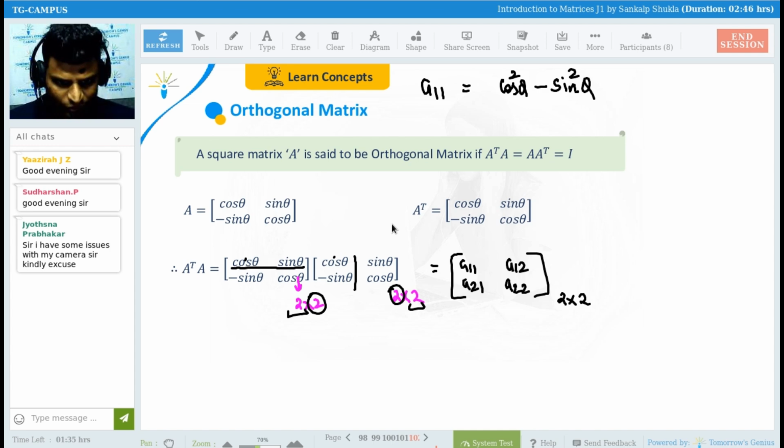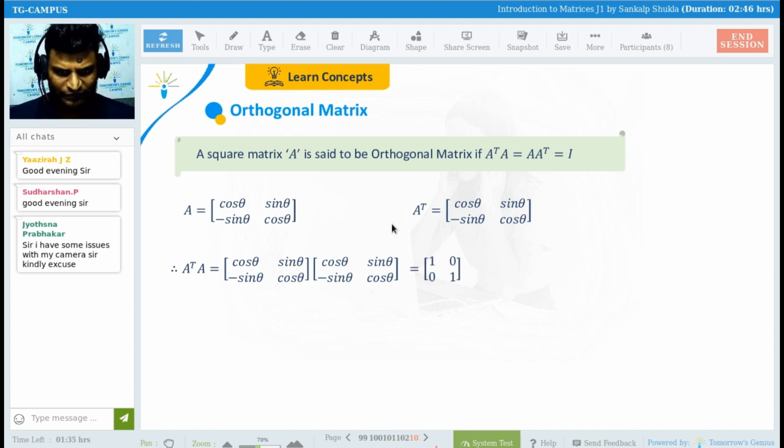I think something is wrong. Wait one second, because we have 1 0 0 1, so I have to check this multiplication first. Okay, everybody please do this multiplication, and I'm also checking this.